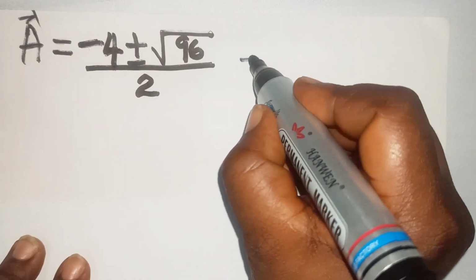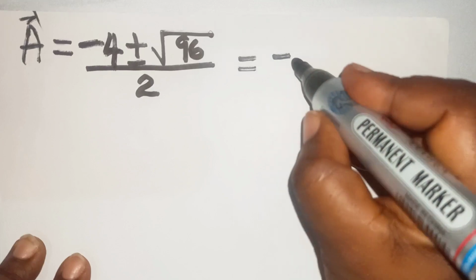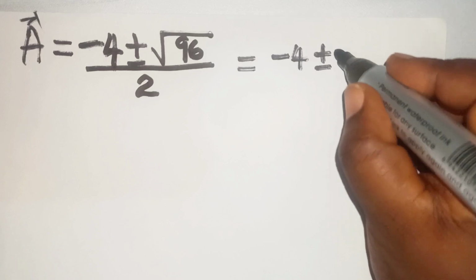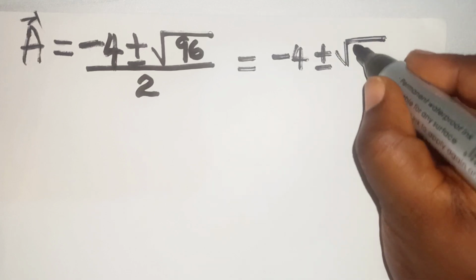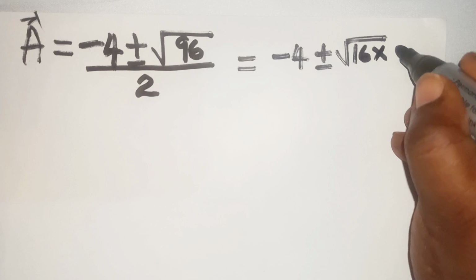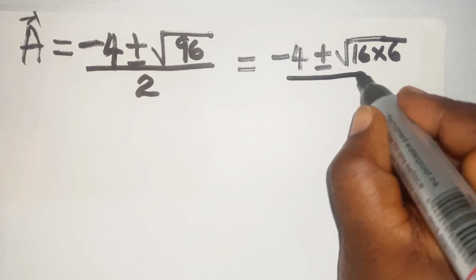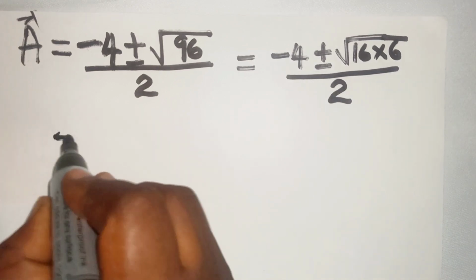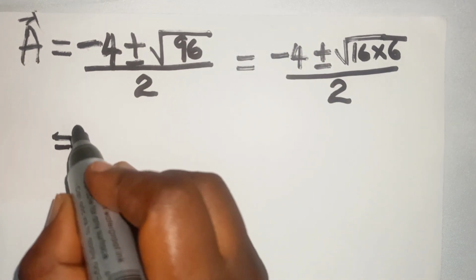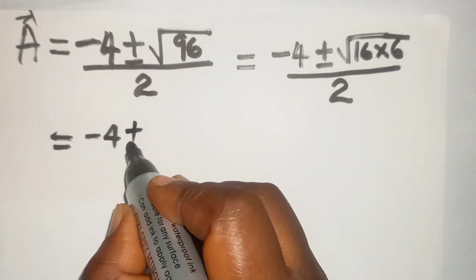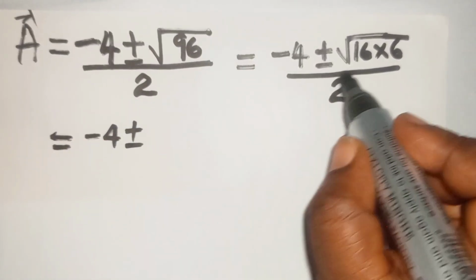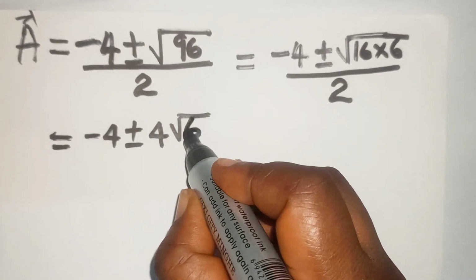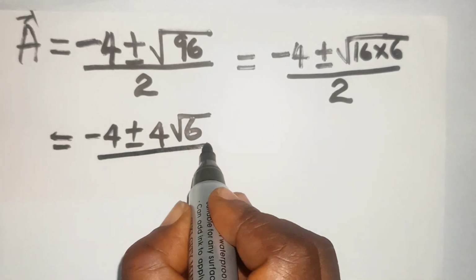So we can write this as minus 4 plus or minus root 16 multiplied by 6, all divided by 2. So this is equal to minus 4 plus or minus root 16 is 4, so we have 4 root 6, divided by 2.